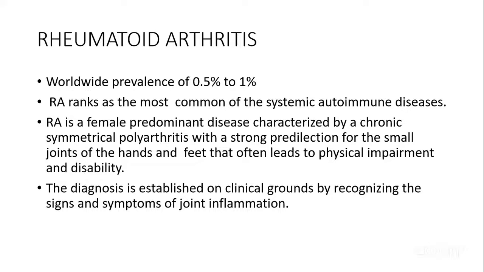So rheumatoid arthritis is common in women, like I said, and we're talking about a patient presenting with symmetric polyarthritis with predilection for the small joints of the hand and feet.